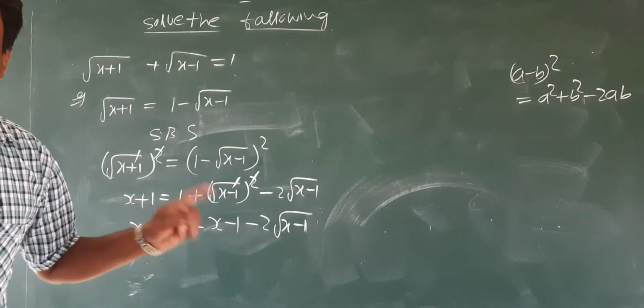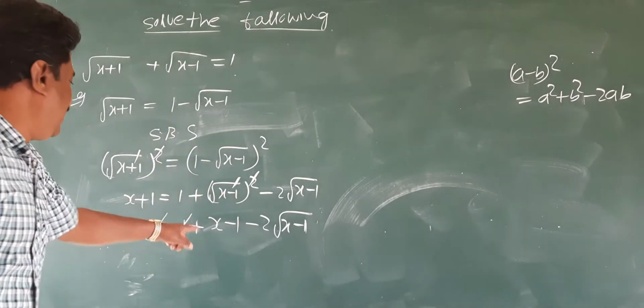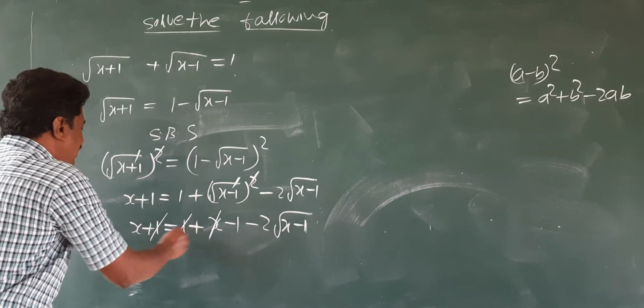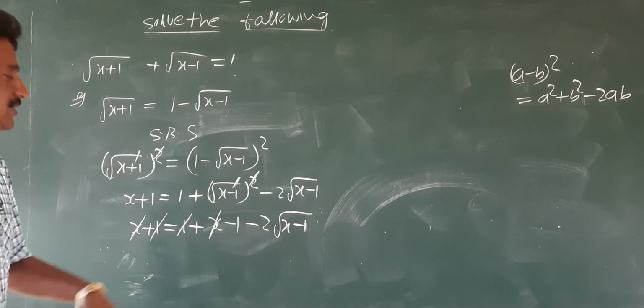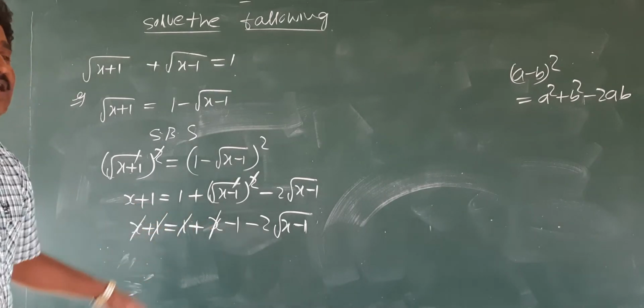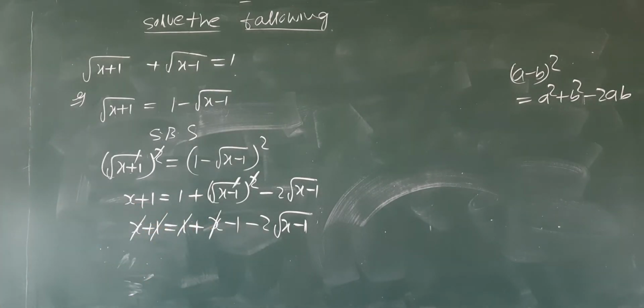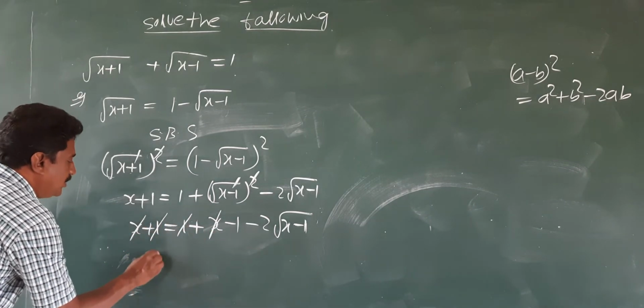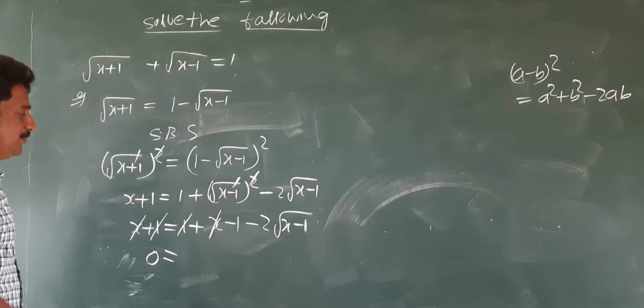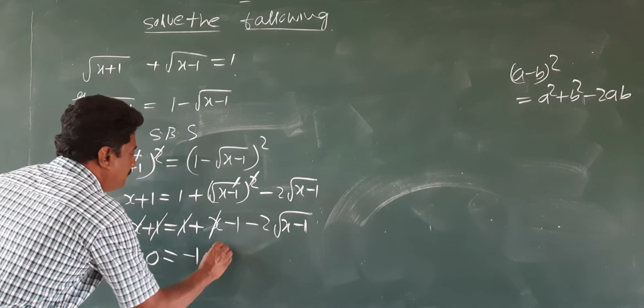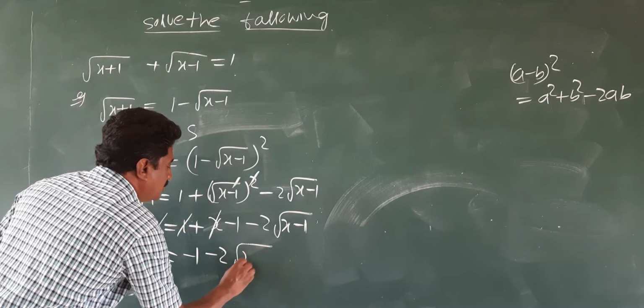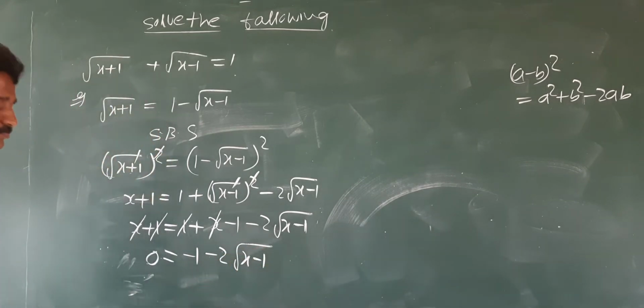How much is plus 1 minus 1? 0. Again x and x get cancelled because if I bring x to this side, it becomes minus x. x minus x is 0. Now on the left side we are getting 0. So minus 1 minus 2 root x minus 1.